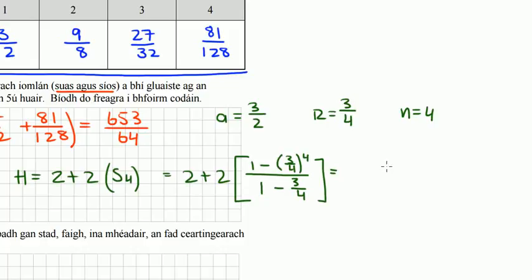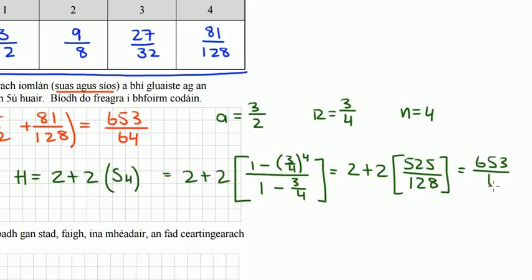If we simplify this, we're going to get 2 plus 2 multiplied by 525 over 128, which will give us the same answer, 653/64.